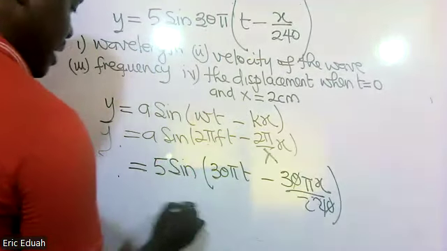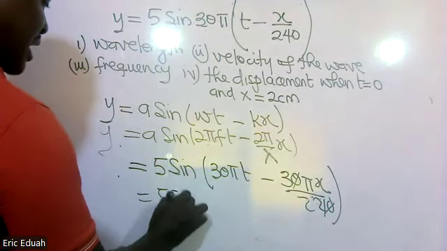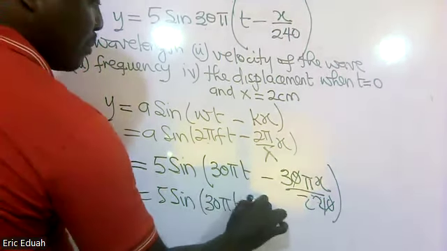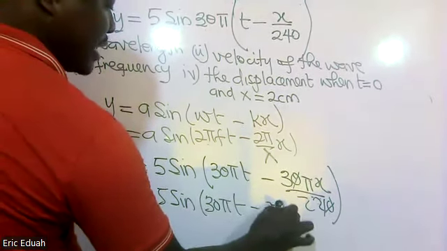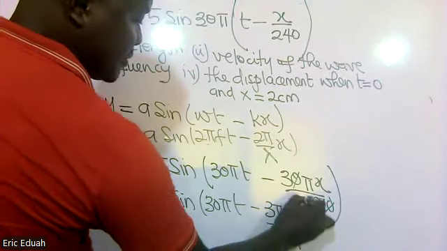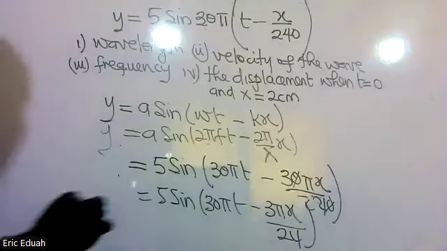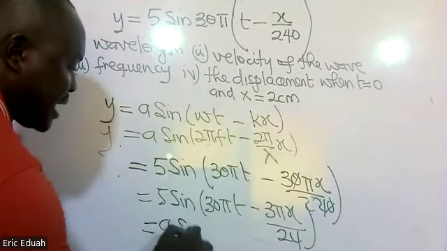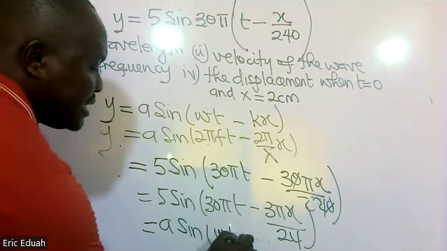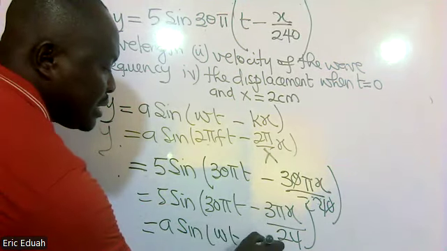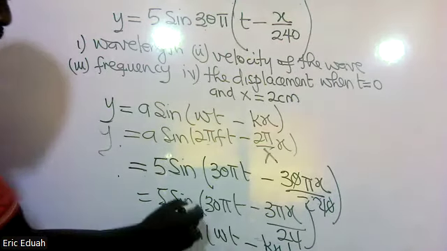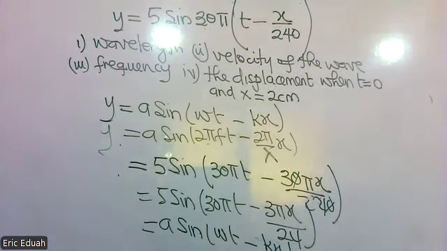Then I have 5 sine 30 pi t minus 3 pi x on 24. Then I can compare this with a sine omega t minus kx. Because there's nothing in front, I can now compare.